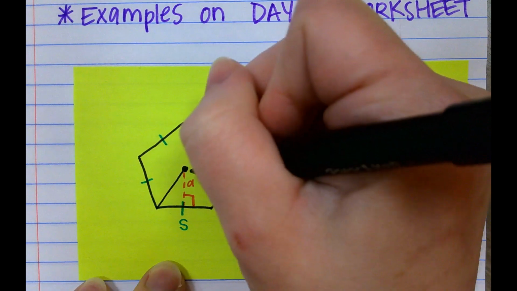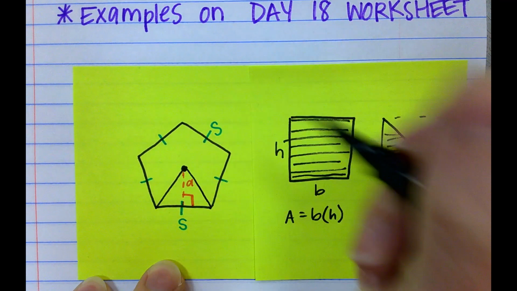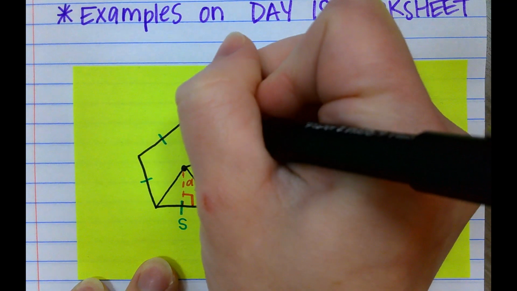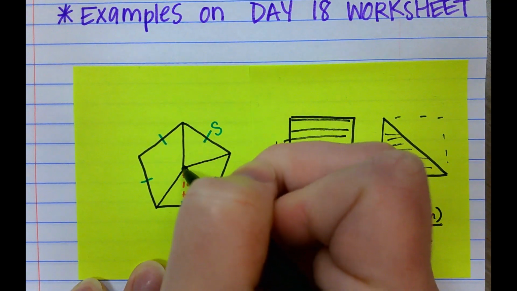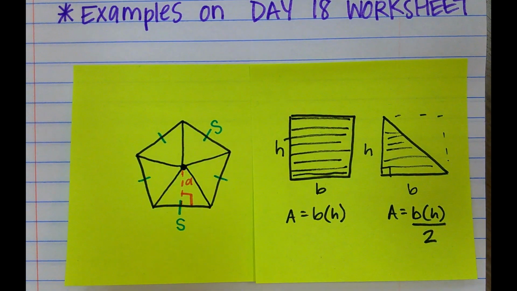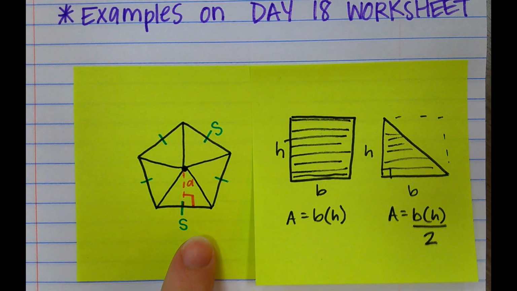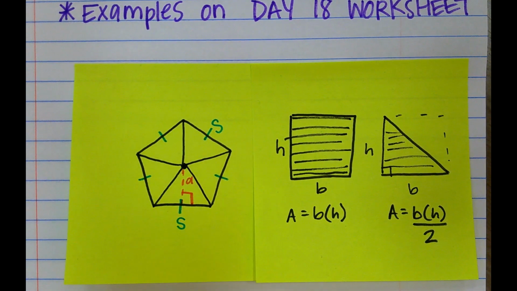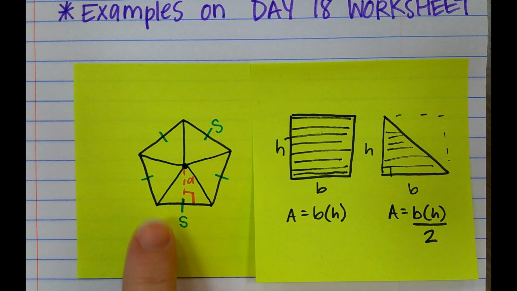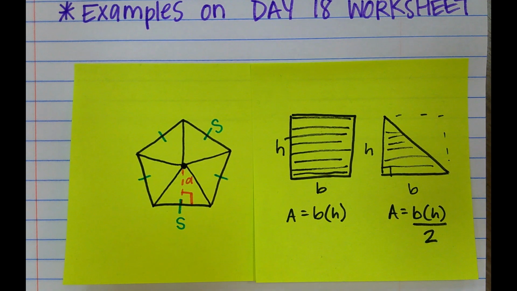I'm going to do that with all 5 angles inside, just like this. Now, once you've done that, you can see we've broken our pentagon up into 5 triangles.